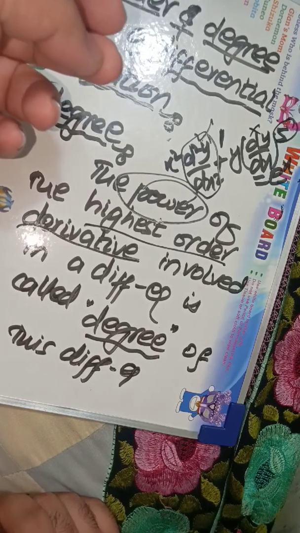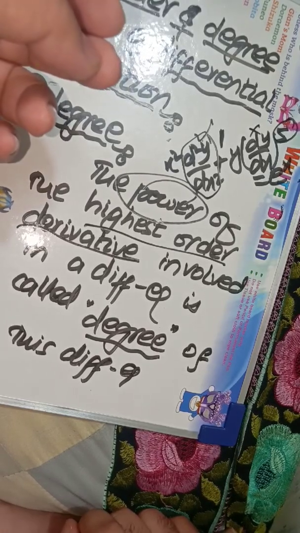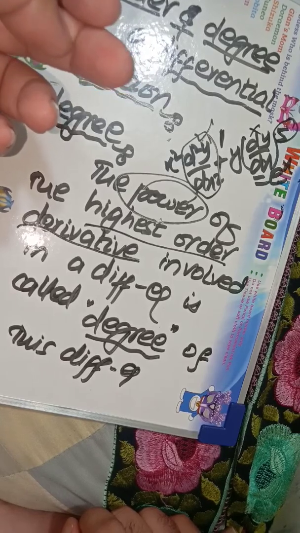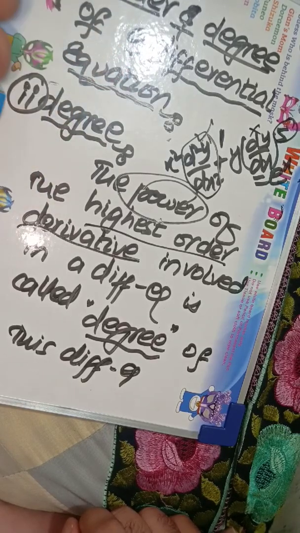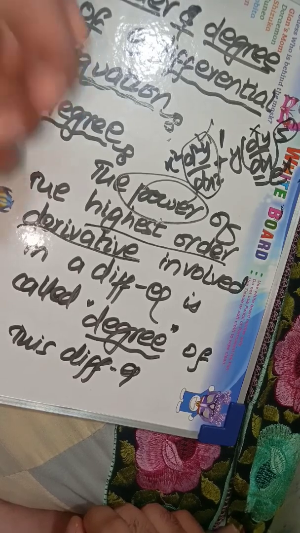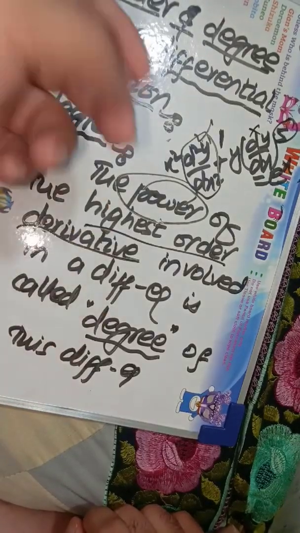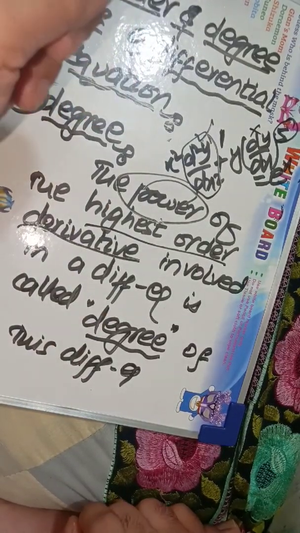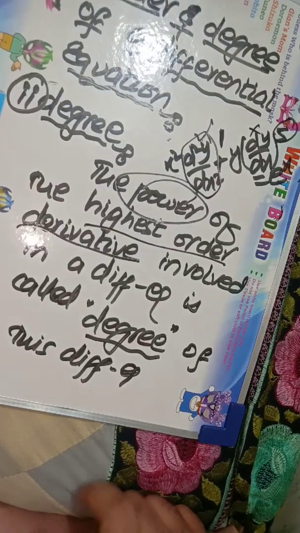One is ordinary differential equation and the second one is partial differential equation. Then we went towards the order and degree of a differential equation. I already defined what is the order of a differential equation and what is the degree of a differential equation.